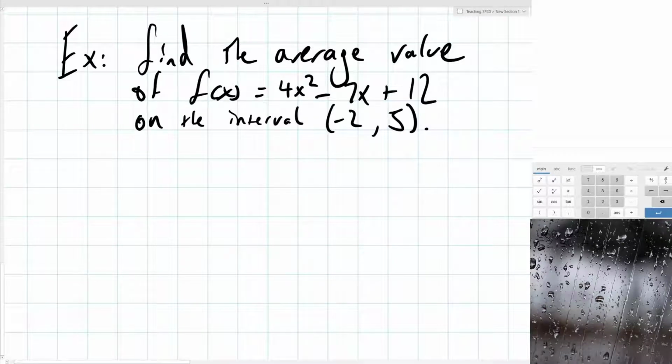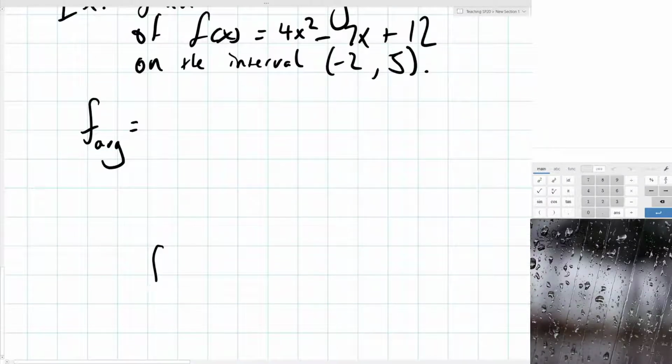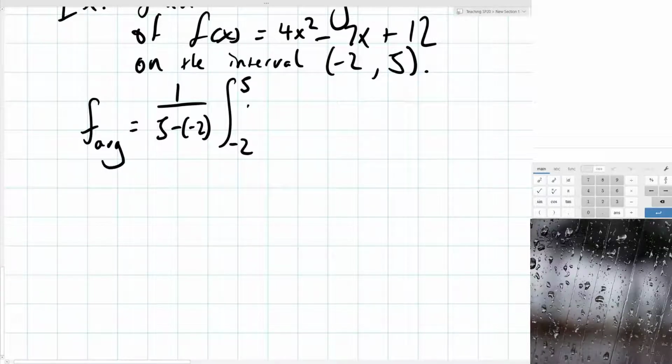So to find this average value, we're just going to apply the average value formula. So f average is equal to 1 over 5 minus -2 times the integral from -2 to 5 of 4x squared minus 7x plus 12 dx.